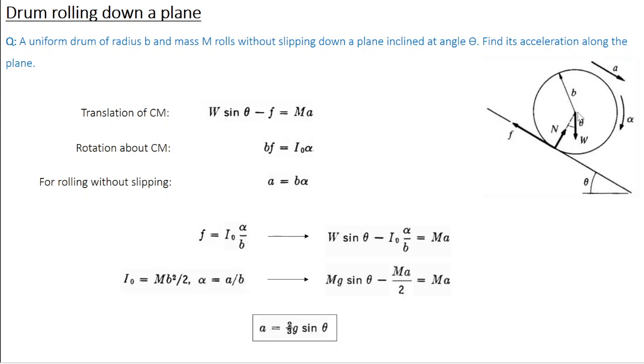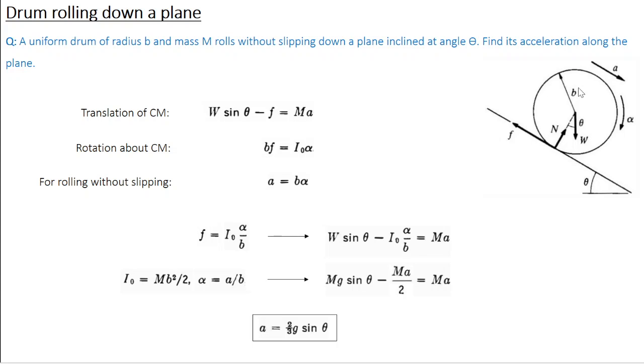If you take the rightward direction as positive, W sine theta is in the positive direction, and you have F in the negative direction. So the left hand side is W sine theta minus F, which is equal to mass into acceleration. Acceleration points in the positive direction, so the right hand side is positive.